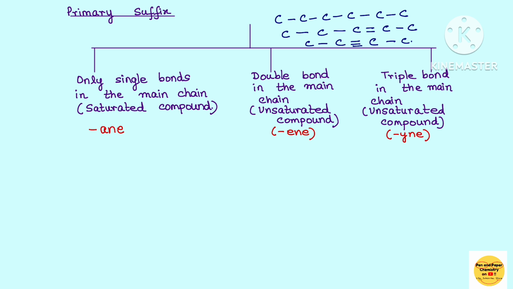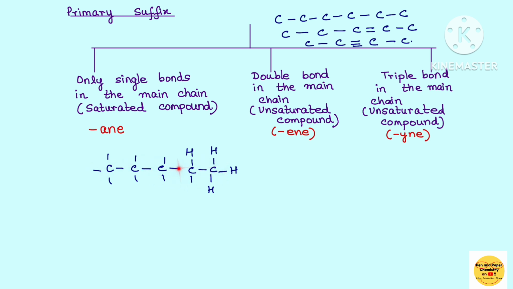So primary suffix helps me to identify that. If my compound has got only single bonds between the carbon atoms, I'm not putting the hydrogens, the dashes mean the hydrogen. I hope you will understand that. So if you see, there is no double or triple bond in the chain.